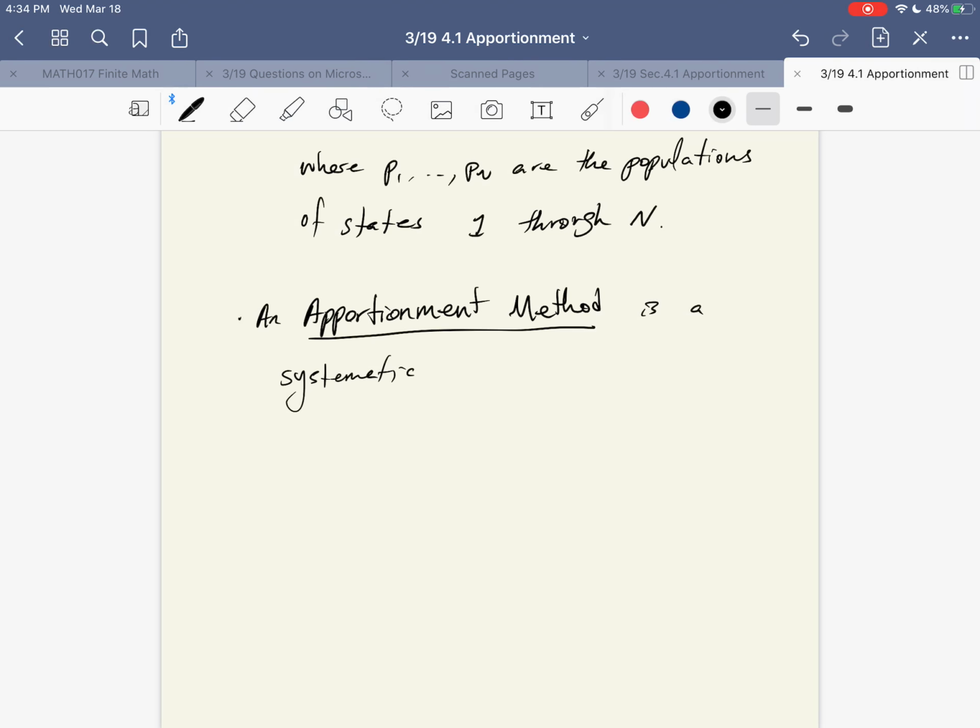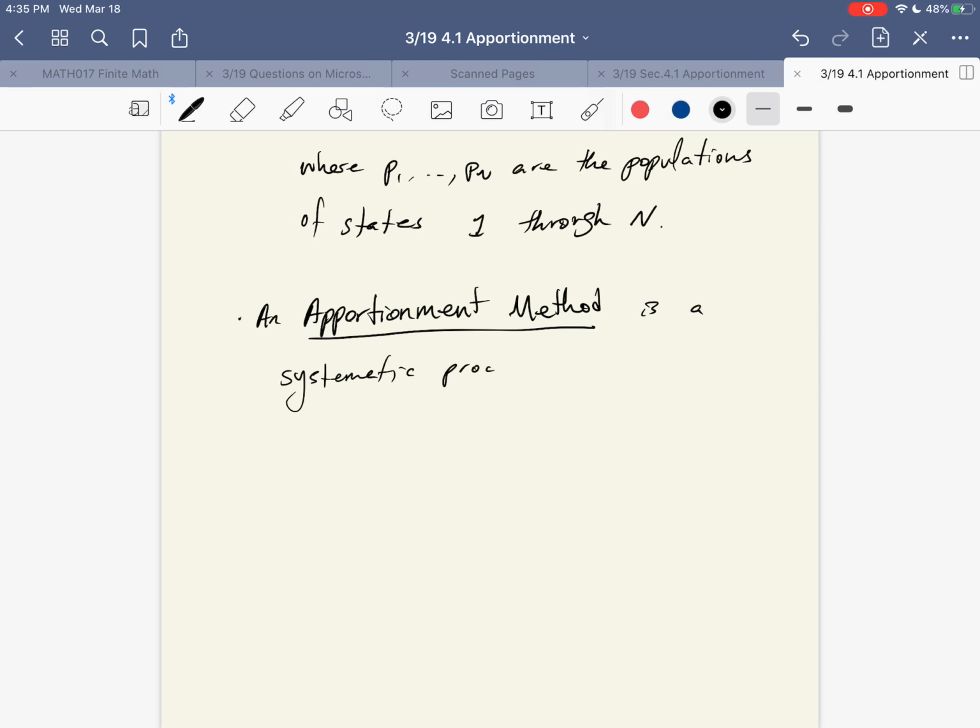So it's not just good enough that this method works in some cases. We want it to guarantee, we want a formula based on population, which guarantees that every time we use it, no matter what population or country, we can divide the m seats up between the n states fairly, in quotation marks.